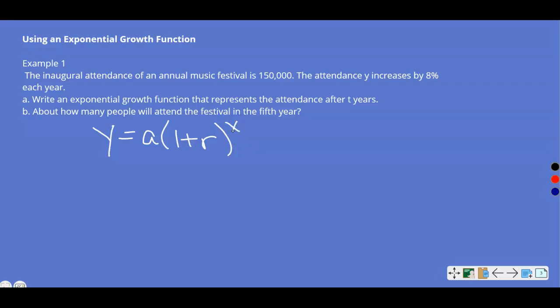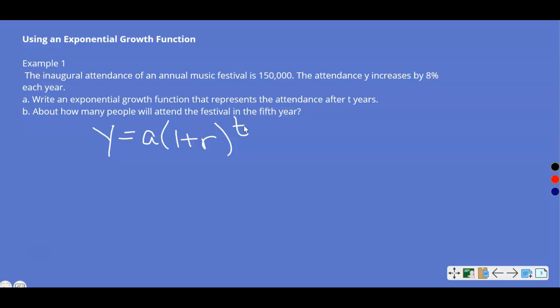Sometimes we use t for time. In this case, since we are talking about t years, let's go ahead and change this to t. That'll still be our independent variable. So what do we know? We know the first year, or our starting point, is 150,000.